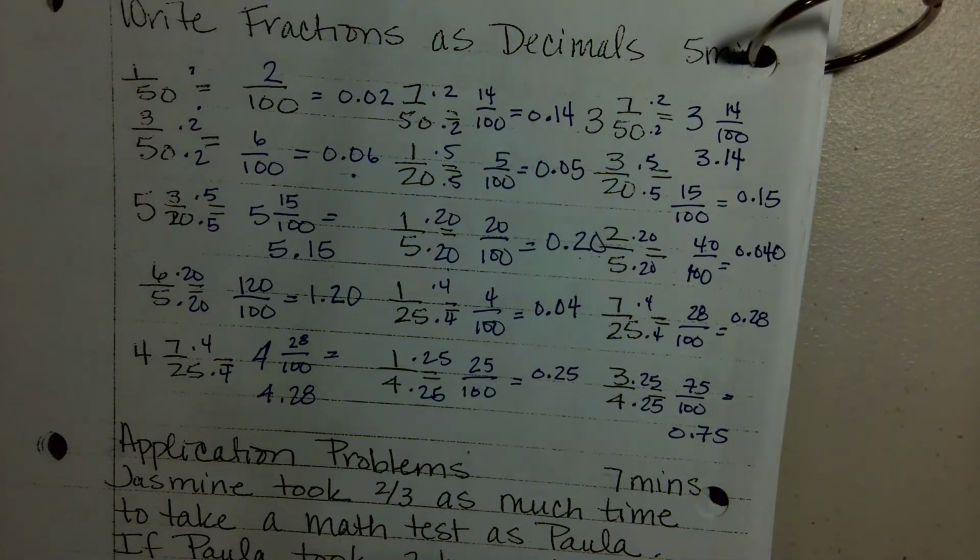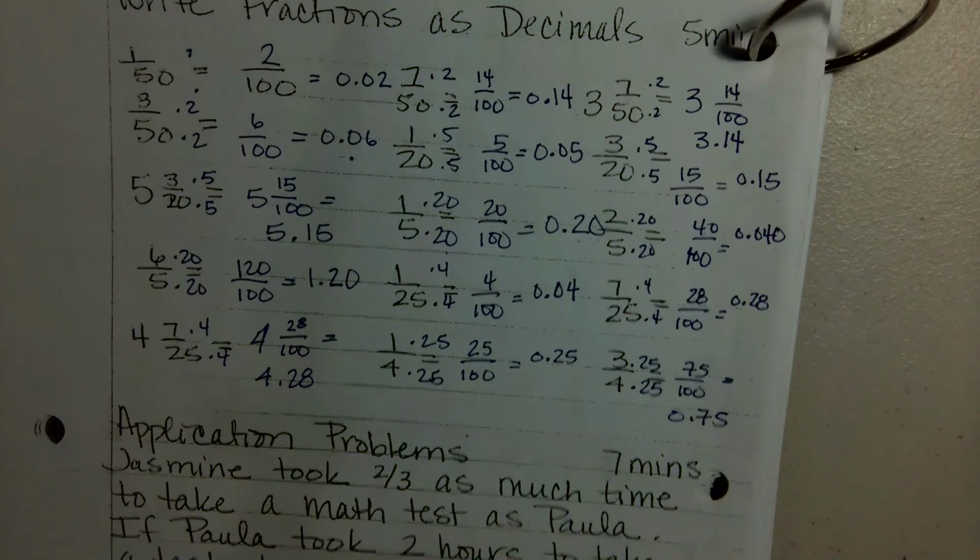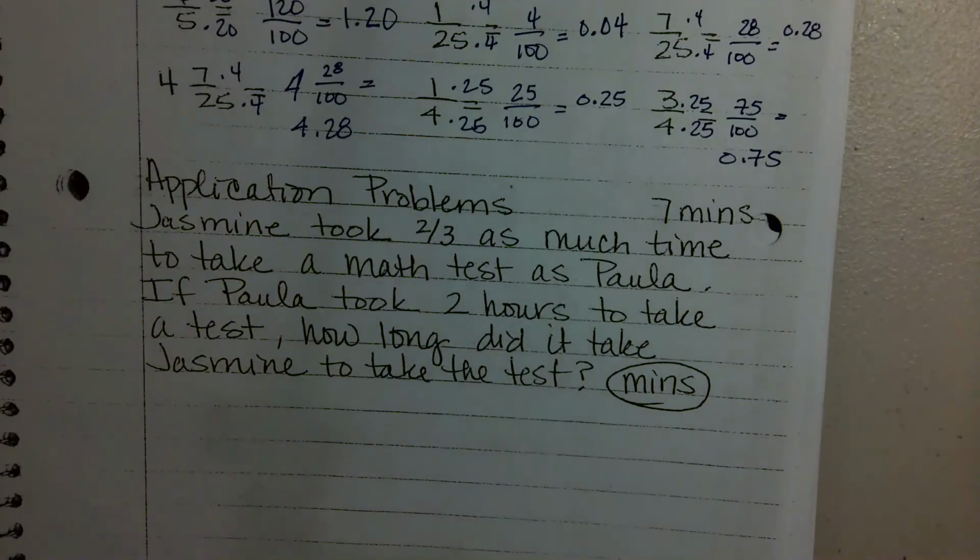All right. Last part of our fluency. Jasmine took 2/3 as much time to take a math test as Paula. So is that more than 1? Greater than 1? If Paula is 1 whole, 2/3 is less, right? So it takes 2/3 as much time to take a math test as Paula.